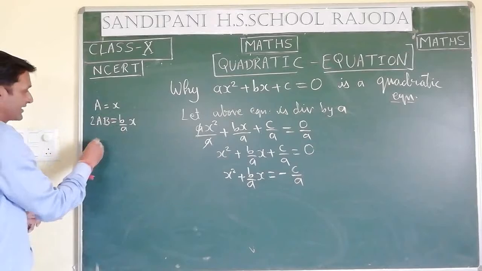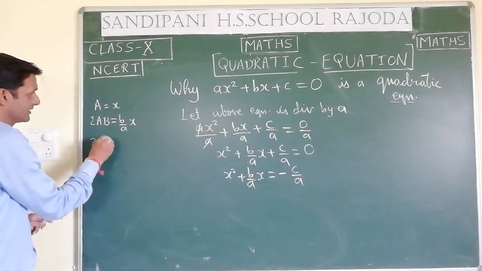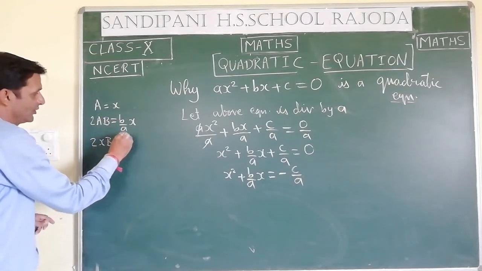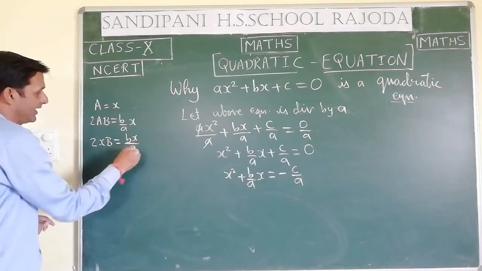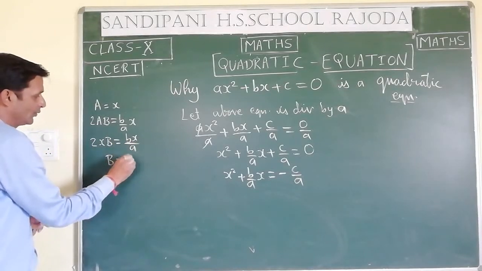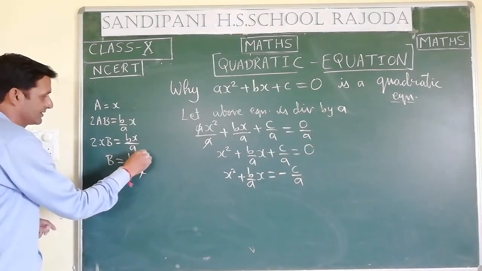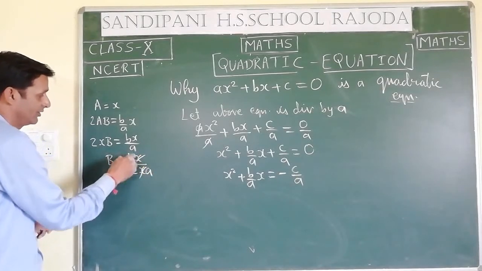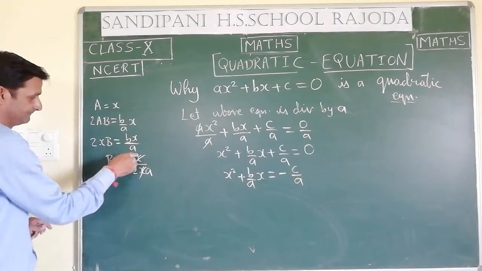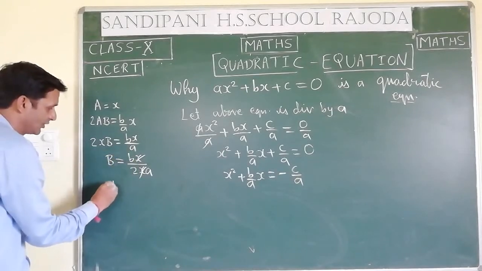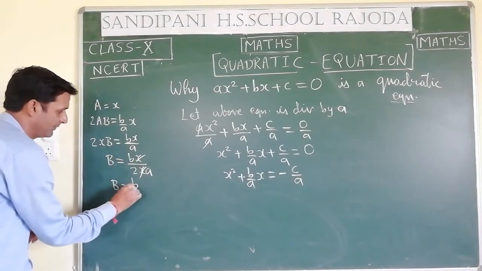In place of a, x is there, so 2xb is equal to bx upon a, or b is equal to bx upon 2x. So x is cancelled and a is also there, 2xa. Now b is equal to b by 2a.